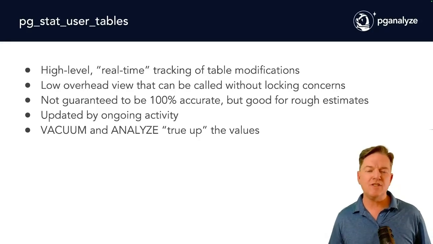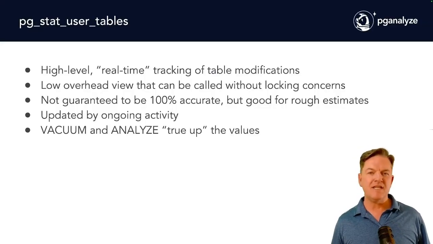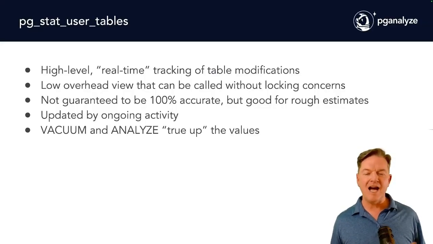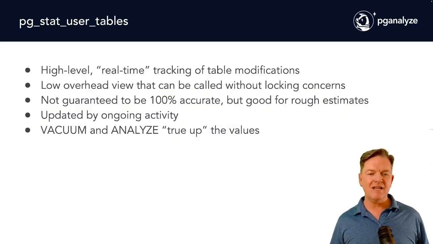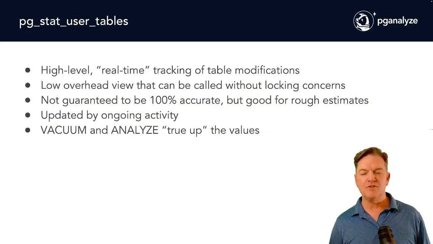Now, there are two ways for us to find this, and I'm going to show you in the demo in just a minute. One is pg_stat_user_tables, which is really a high-level, real-time tracking view. It's low overhead, so it can be run pretty frequently without really causing locking issues, but it's good enough for estimates. It shows you the number of tuples deleted, updated and inserted, dead tuples and so forth.